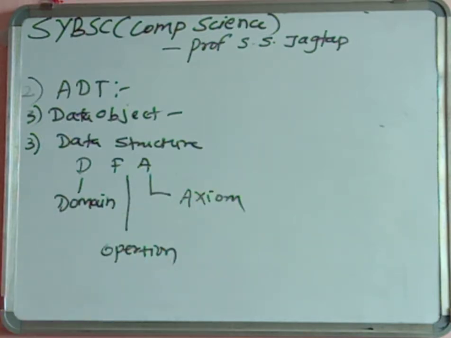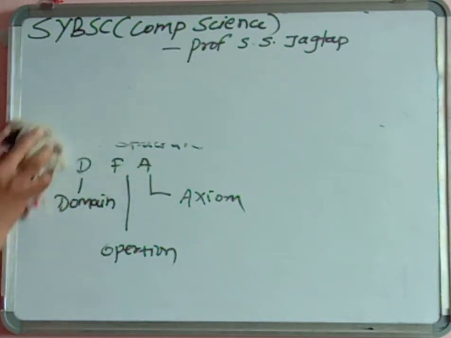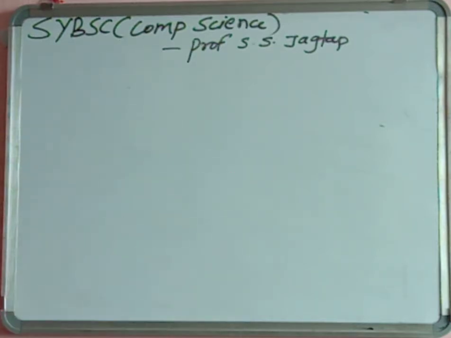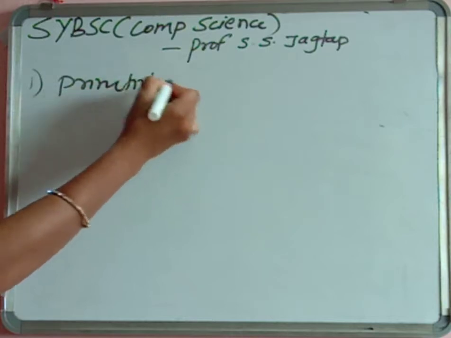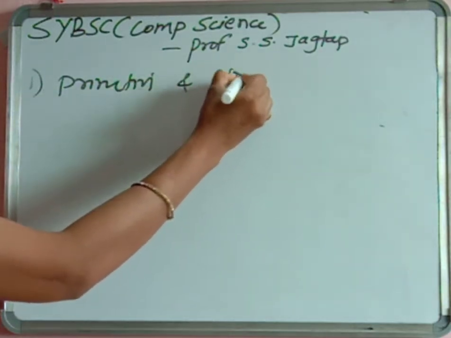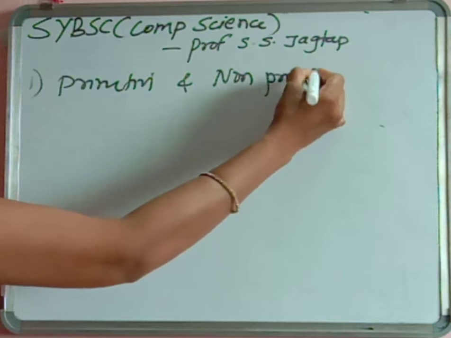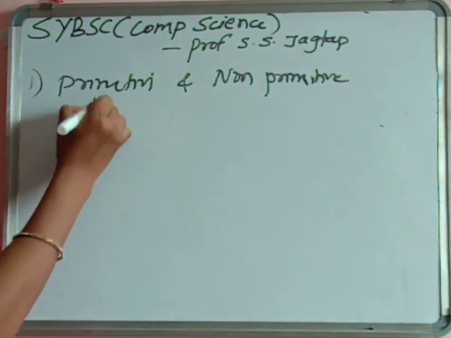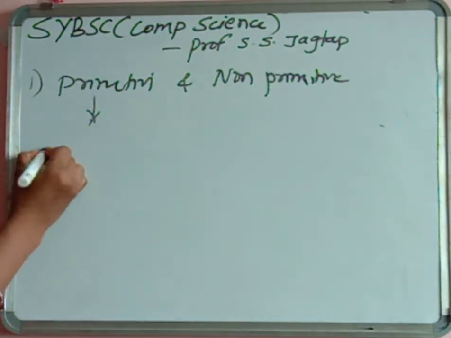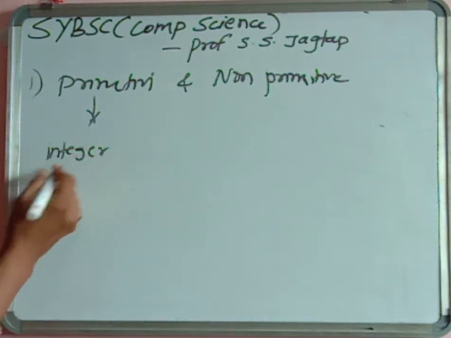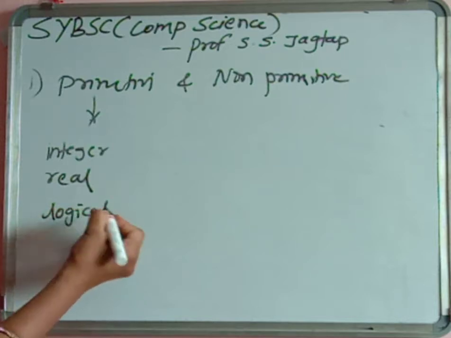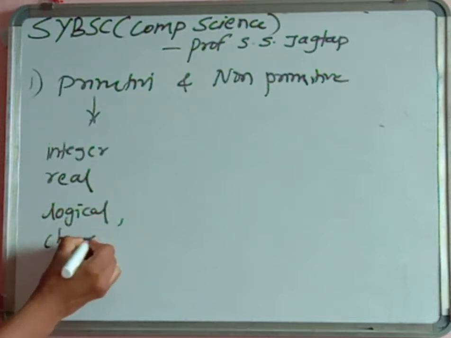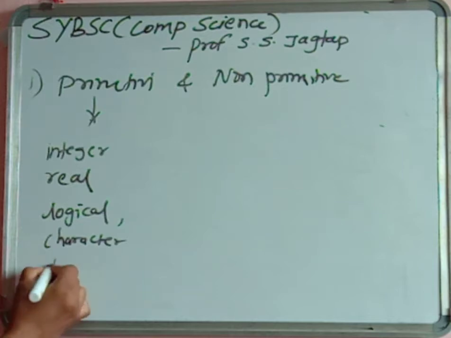Okay, there are three types of data structure we will see in this topic. First one is primitive data type and non-primitive data type. In which primitive means integer, real, logical, character, pointer.